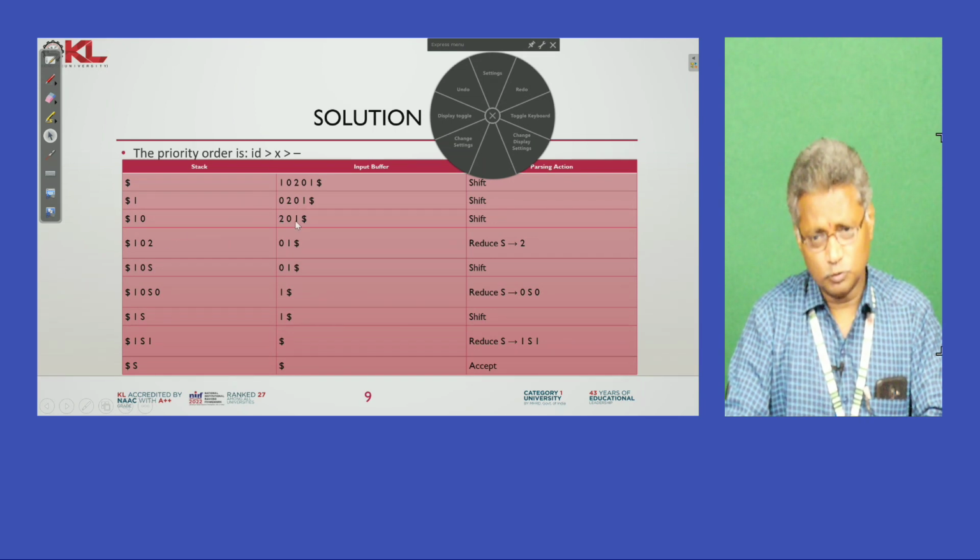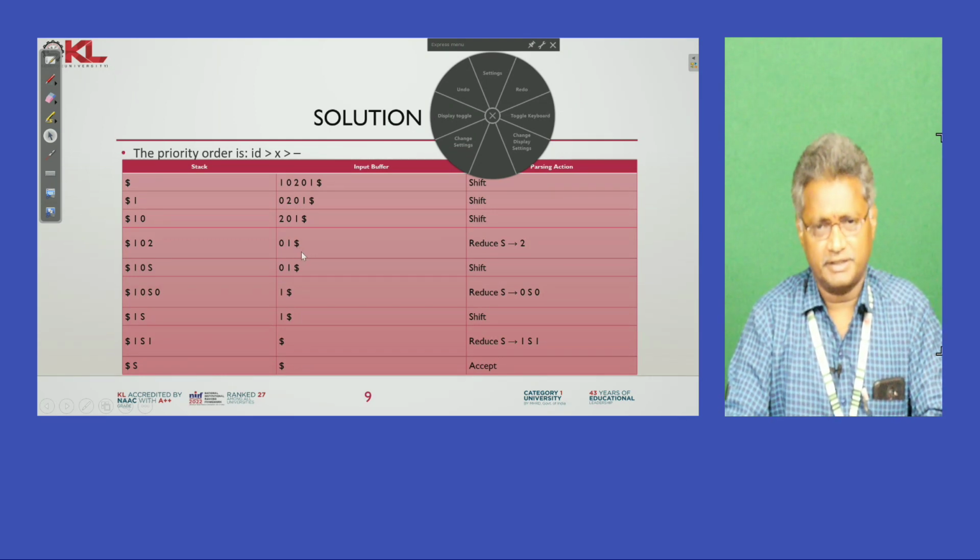We have to apply the shift and reduce actions one by one in this manner. The 2 moves on top of the stack, and the input buffer has the remaining symbols 0 1 dollar.